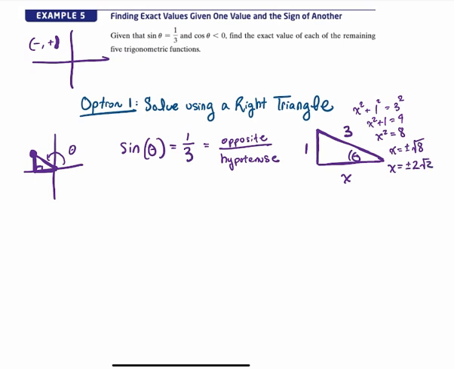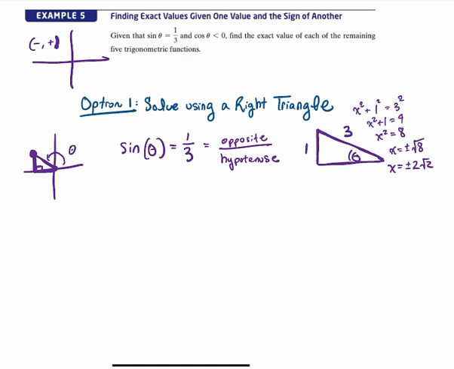Well, what should we take, the plus or the minus? And so that's part of where knowing which quadrant we're in is useful, because if we're thinking about this like x coordinate, in the second quadrant it should be negative. So usually we don't describe side lengths of a triangle as being negative. We usually always take them as positive.